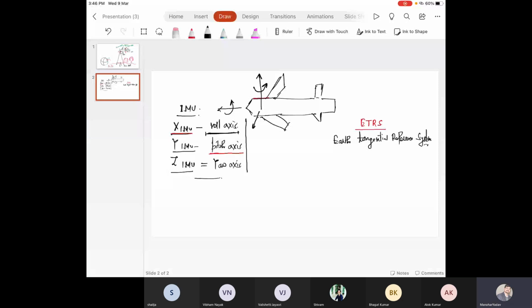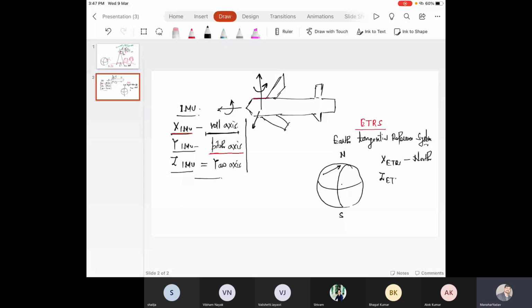So again, it is defined with respect to Earth, North Pole and South Pole. Somewhere it's locally defined on the surface of Earth. So its x-axis is towards north. You can say this X ETRS towards North Pole.